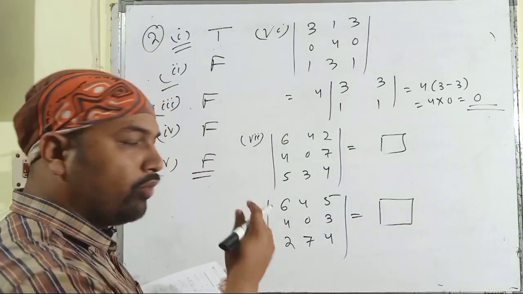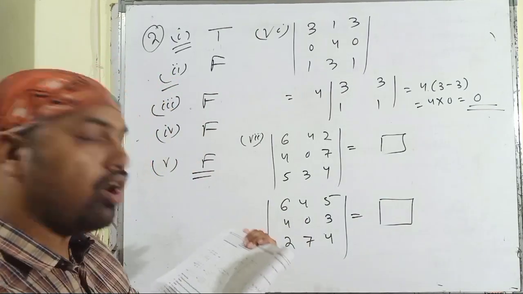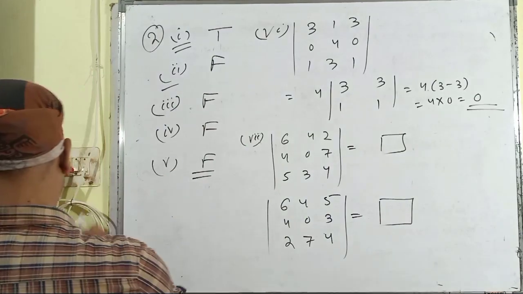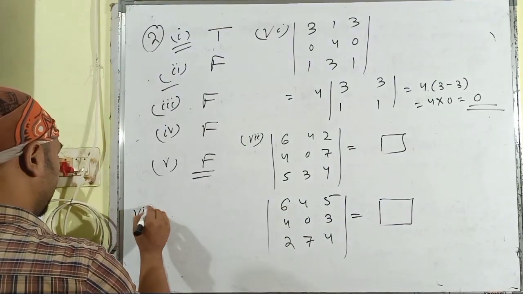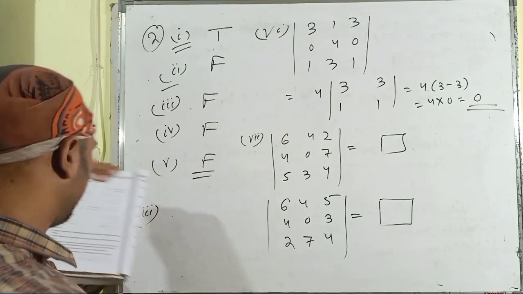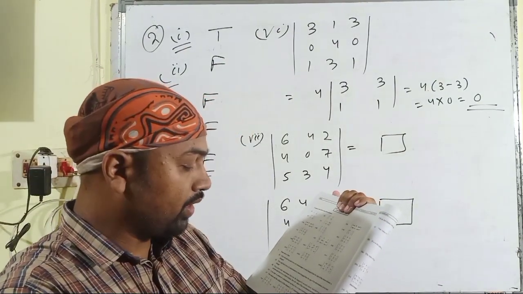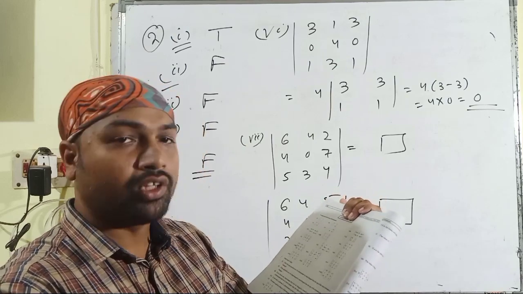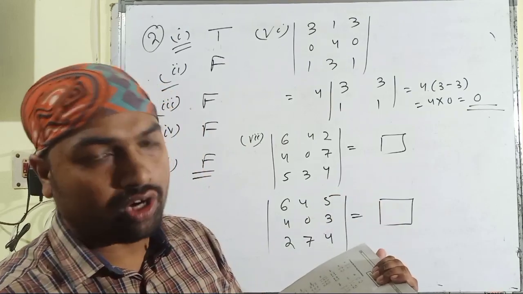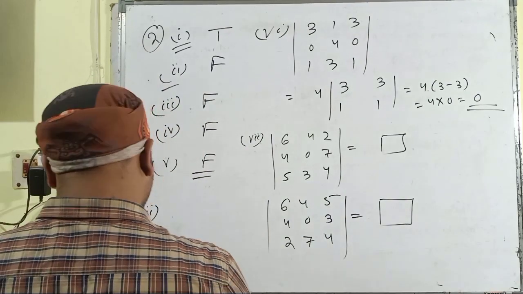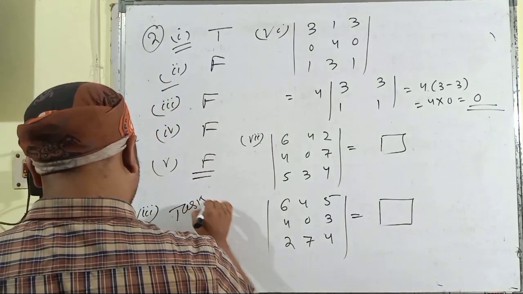Then compare whether this is true or false. Similarly, in the case of the seventh bit, we have to check whether the values of the given determinants are equal or not equal. So these are the tasks for you.